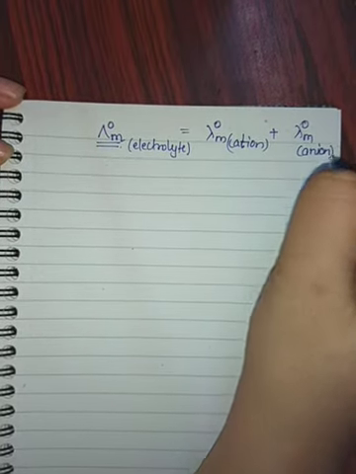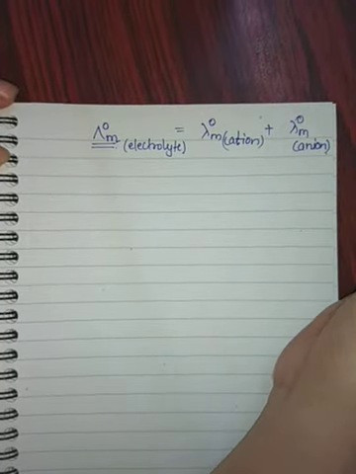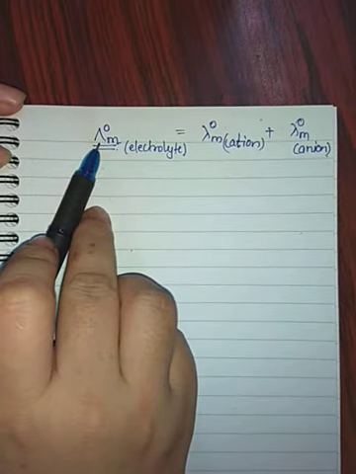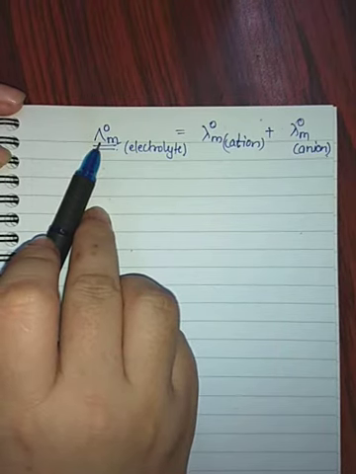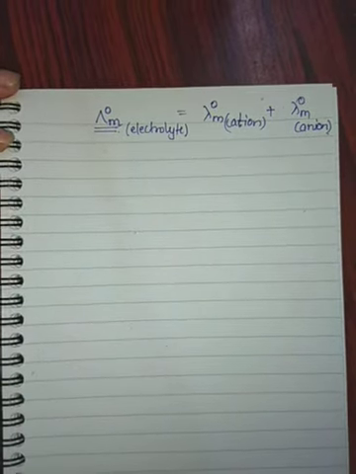Since these ions migrate independently of each other and contribute towards the total molar conductivity, that is lambda naught m, this is the law of independent migration of ions. Okay, let us see an example.